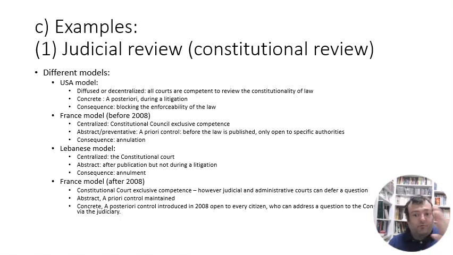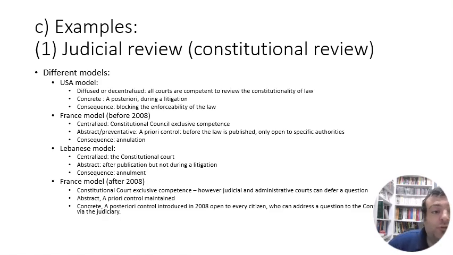If we observe by induction again the different systems of judicial review, we can find many models, many ways of it. For instance, we have the USA model, which is the oldest when it comes to judicial review.